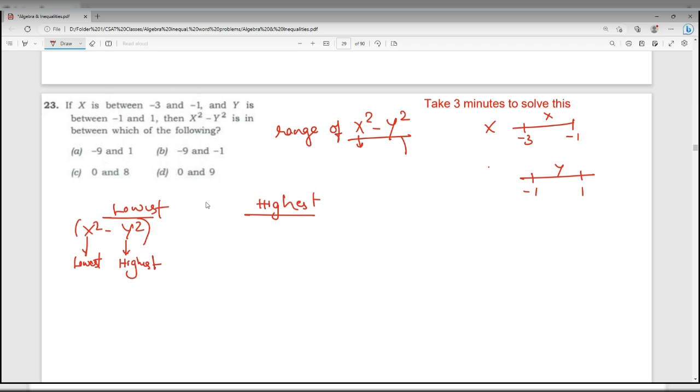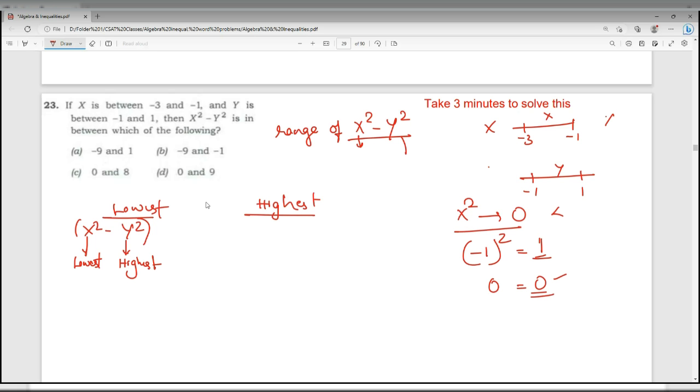When any variable is raised to the power of 2, the lowest value is 0, because even if you take negative numbers to the power of 2, you get positive numbers, and the least is 0.